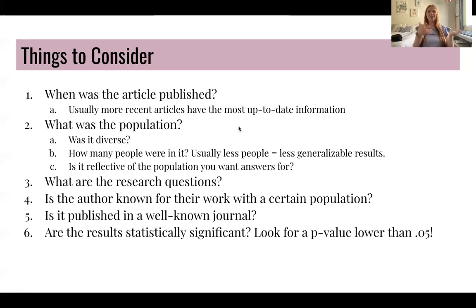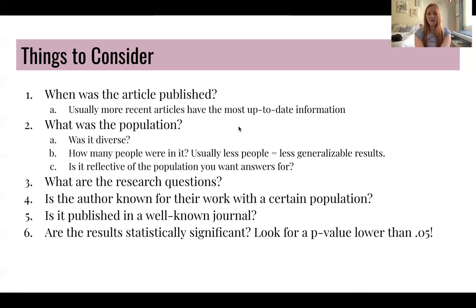Are they statistically significant? The reason that you want to find this out is because it's a really important factor to consider. Like, does this thing actually work, right? Is the change actually significant? Did it actually do anything, or was it just chance that this happened?